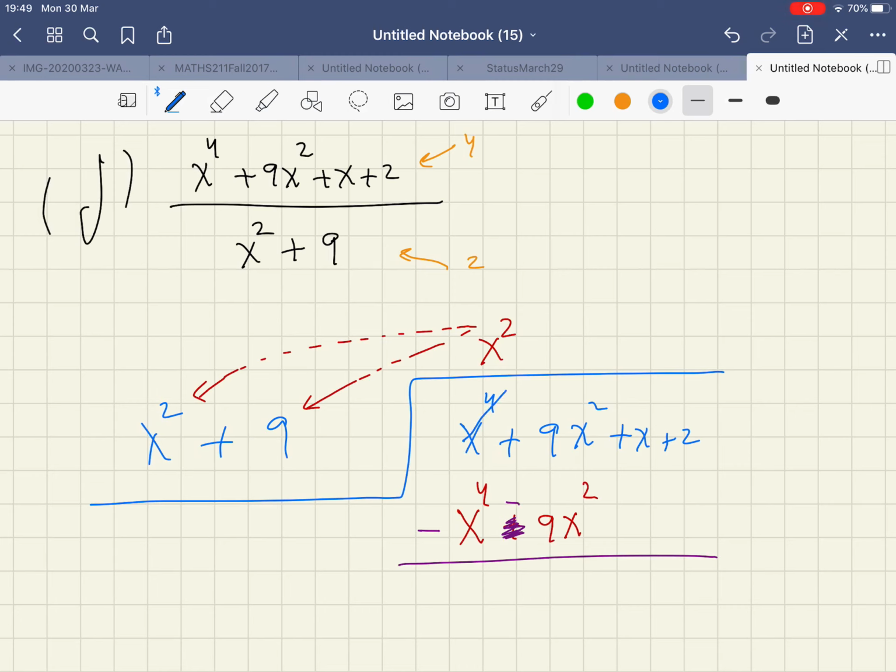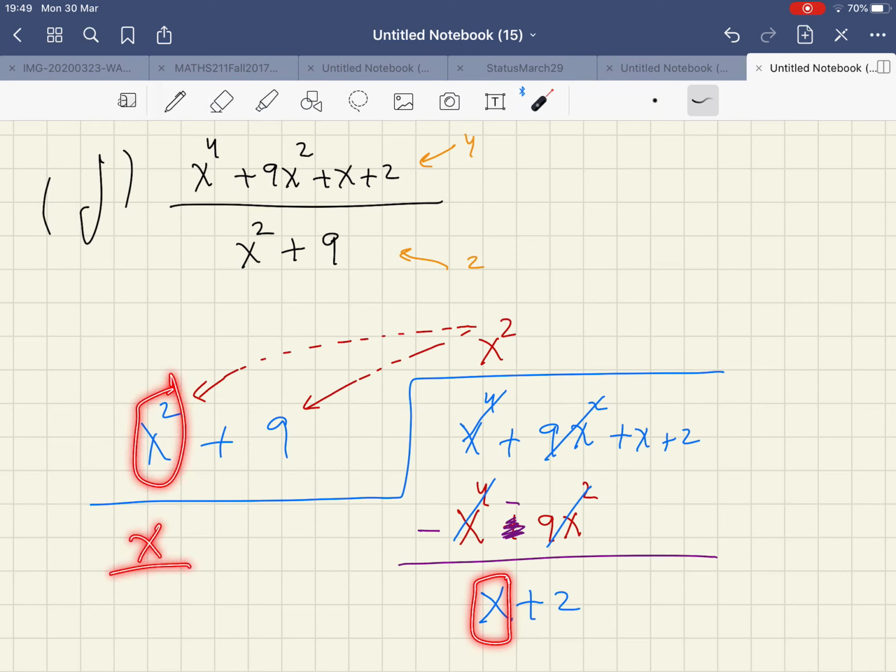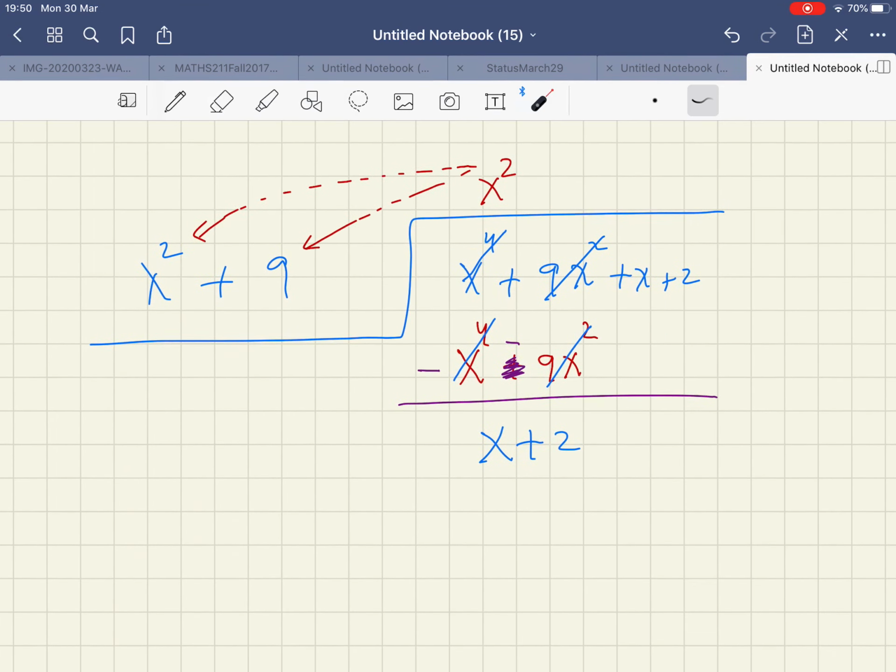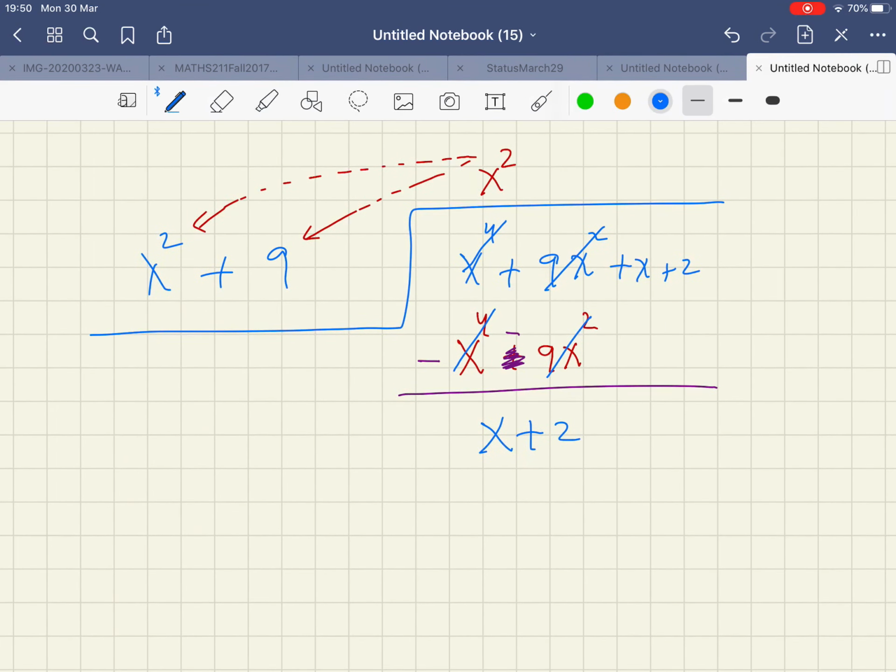What you will find, x to the 4th will get cancelled, 9x squared will get cancelled, so we get just x plus 2. And now, if you take the highest power, x over x squared, we cannot. And if we cannot, we have to stop and we just have to write the final answer.